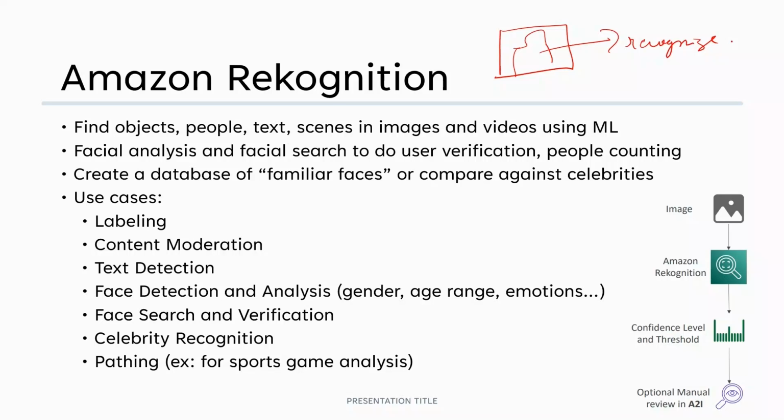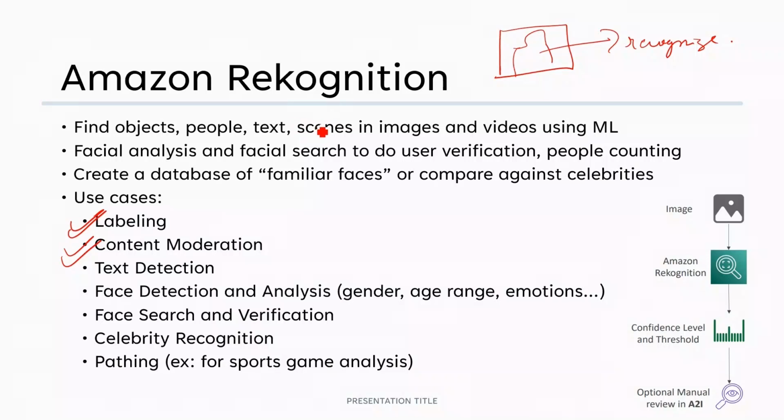Now, what are the use cases? Use cases are basically labeling of pictures or videos, and content moderation. Basically, you want to moderate your content. You don't want some kind of explicit stuff to be on your website, then you can use Amazon Rekognition. For example, if a person uploads an image and there is some 18+ stuff or some explicit stuff, you can use Amazon Rekognition to filter those things out.